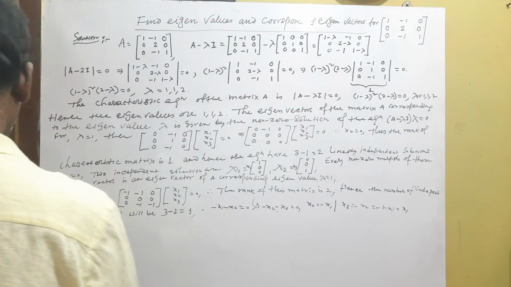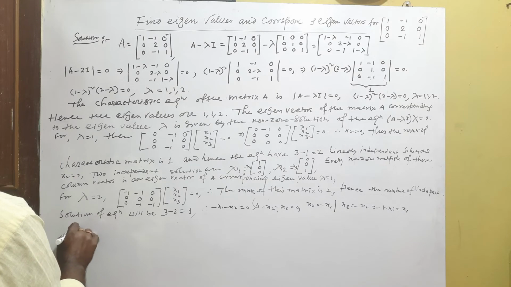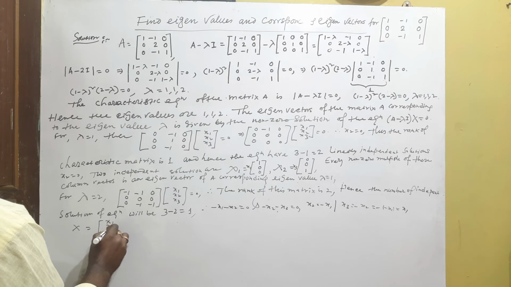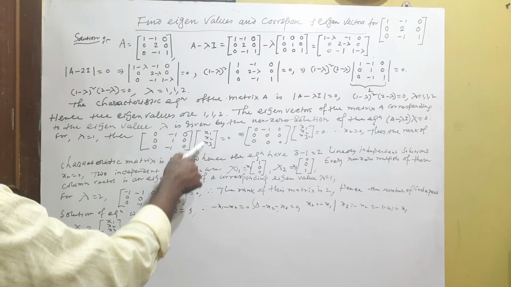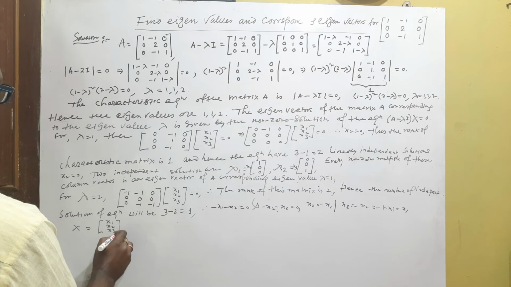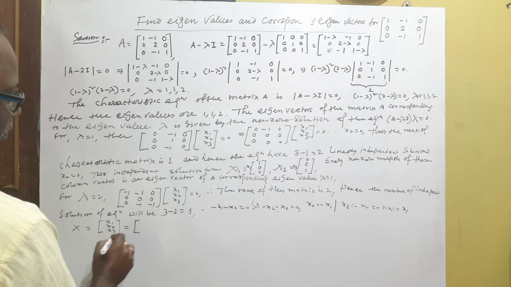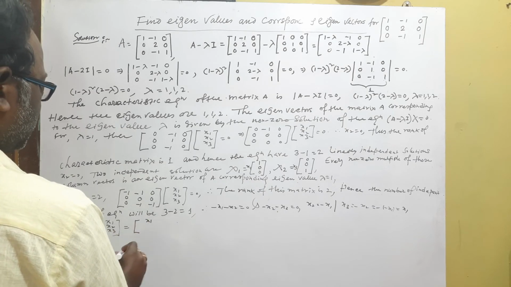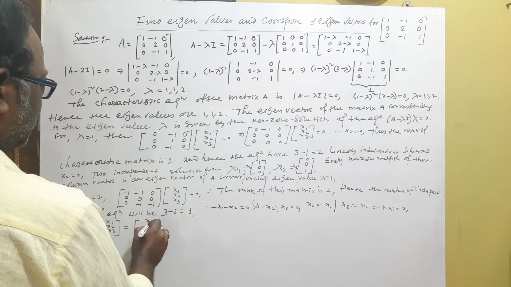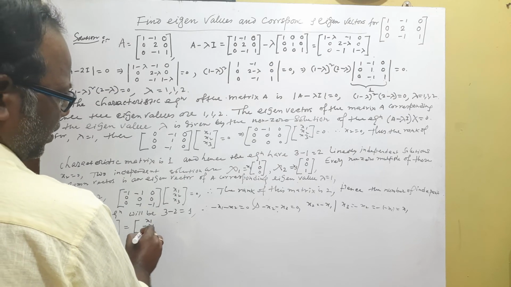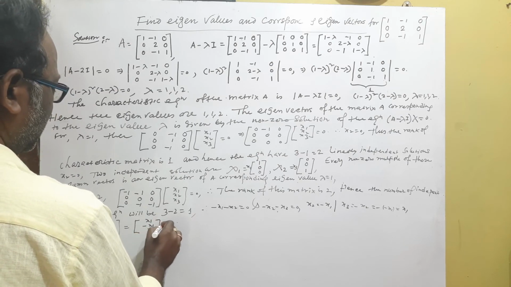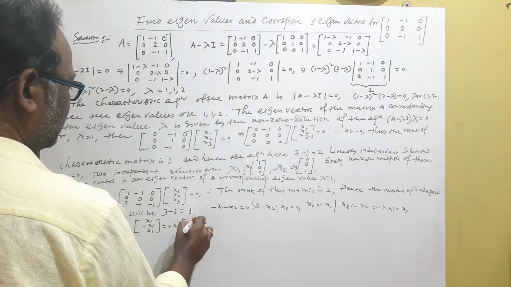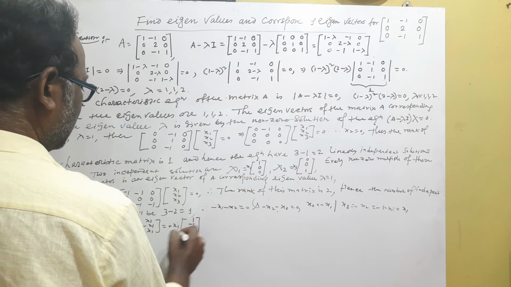Therefore the matrix X is equal to, this is x1, x2 and x3, this is actually a column vector, and that will be x1. So x1 is unchanged, x2 is minus x1, x3 is x1, and this is the scalar multiple of x1, which is non-zero, 1, minus 1 and 1.